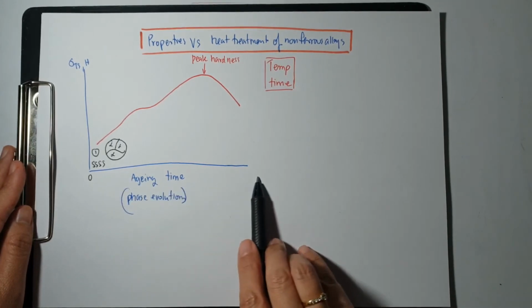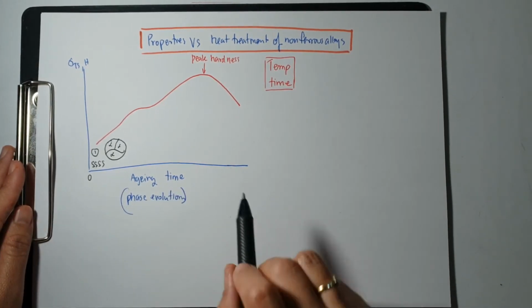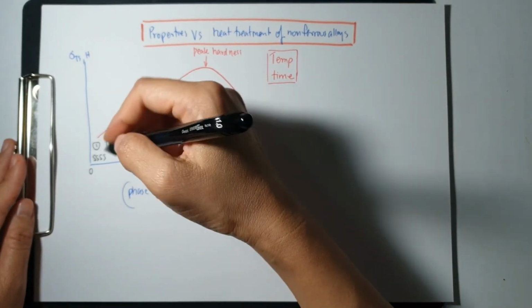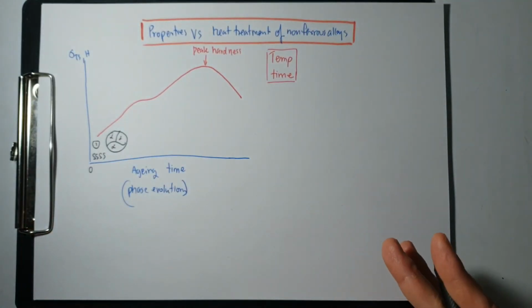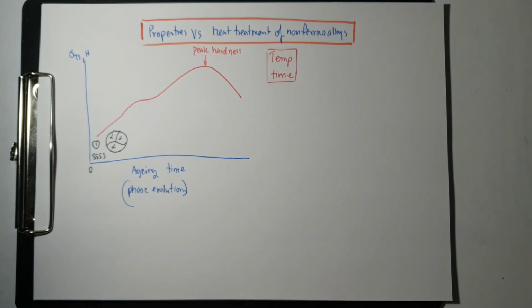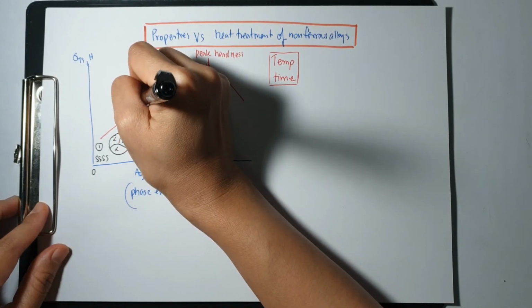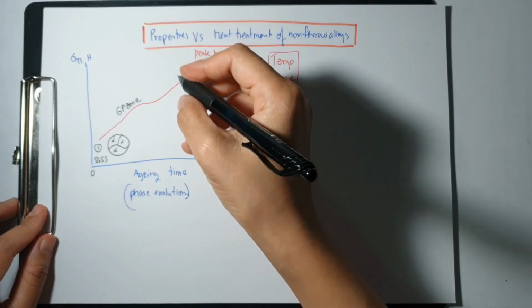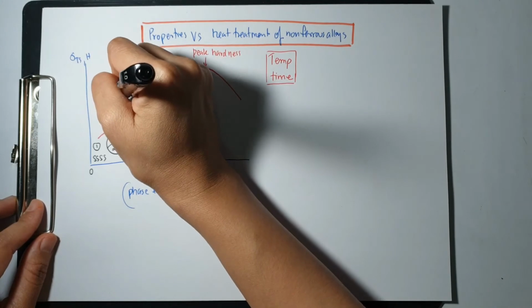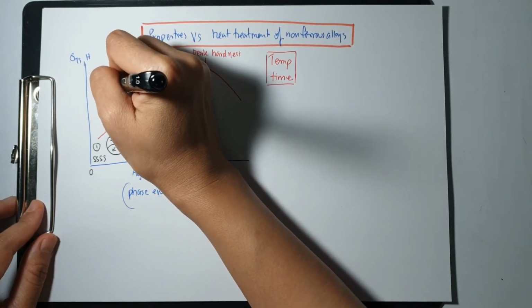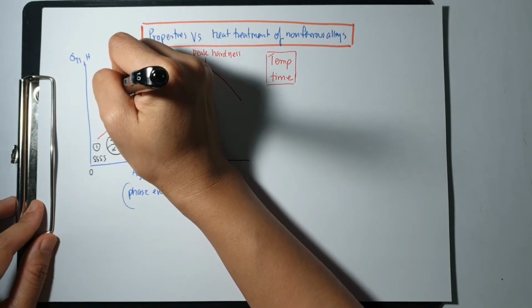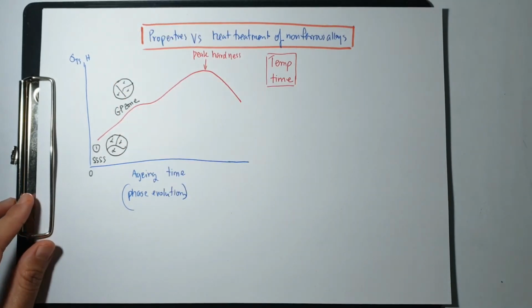But with increasing aging time, the copper in the lattice diffused to get together, and that will form the so-called GP zone. In the GP zone, the microstructure changes a little, that we also have the alpha phase as the matrix.